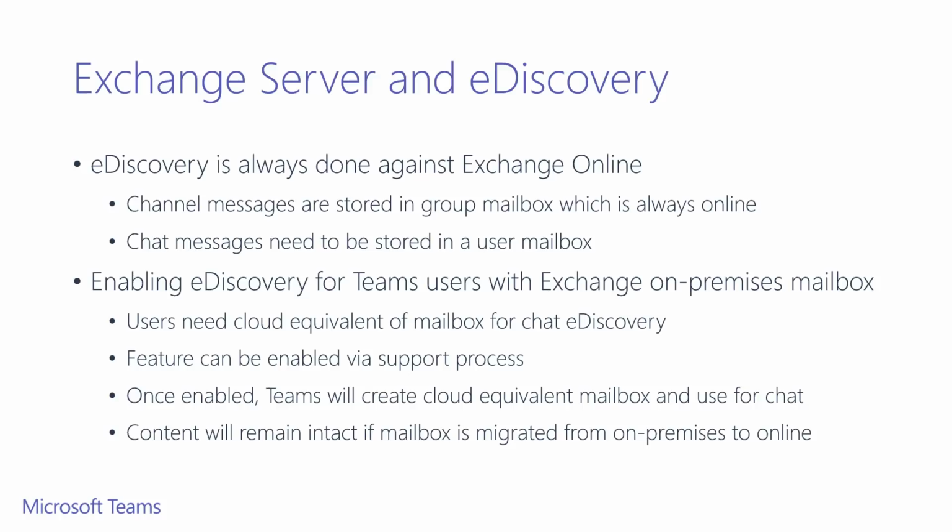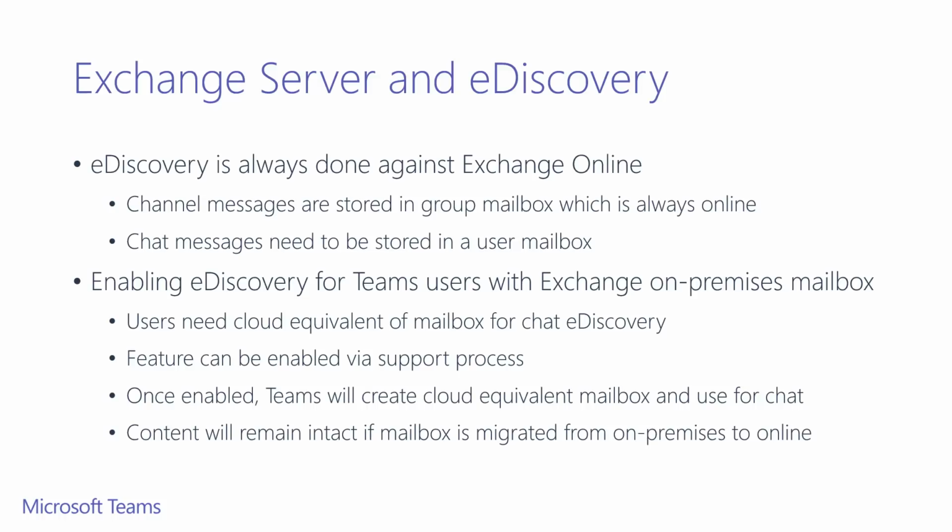Once support has enabled this feature, we'll create a cloud equivalent mailbox for the on-premises user and use it specifically for chat, thus allowing us to journal the messages from the chat service through the fire hose into this now cloud equivalent mailbox for my on-premises user.